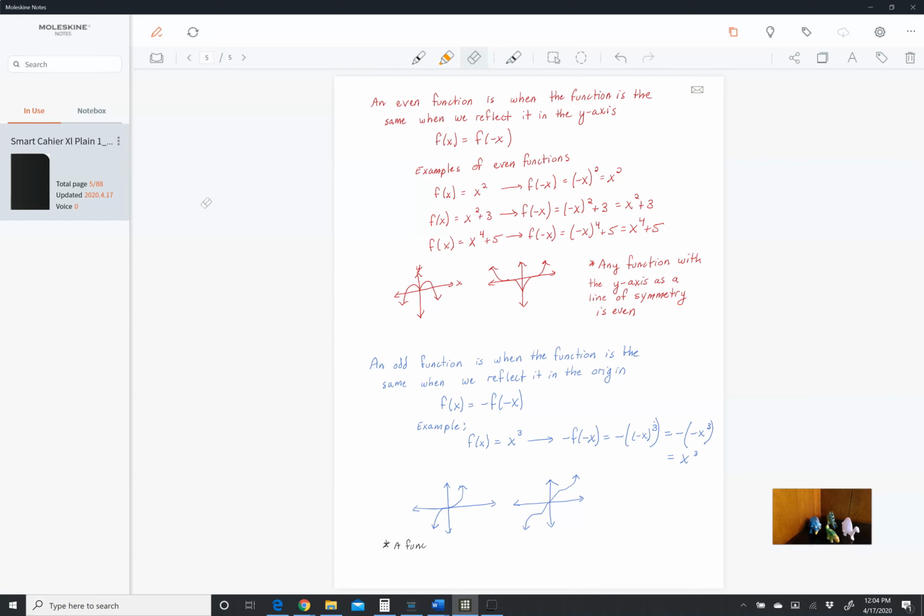A function will never be the same when you reflect it in the x-axis because that would mean the x-axis is a line of symmetry.